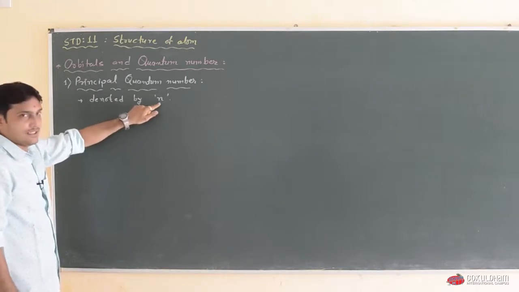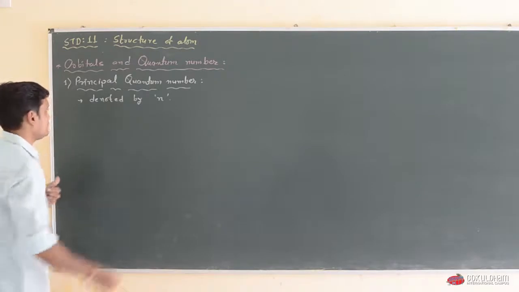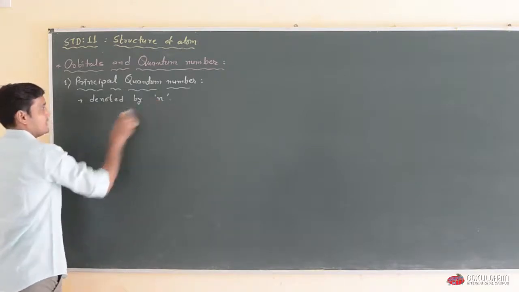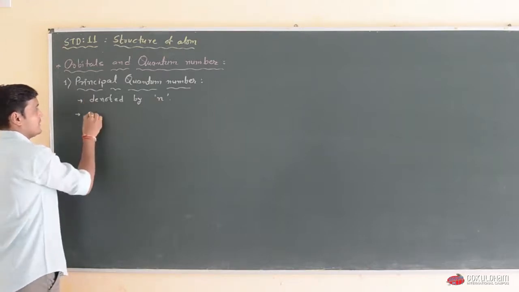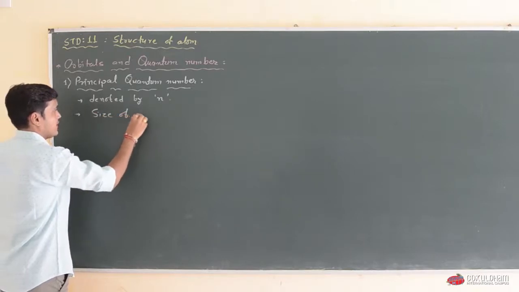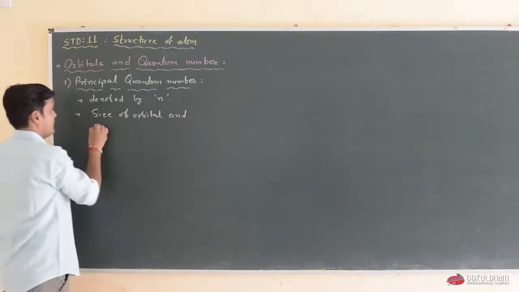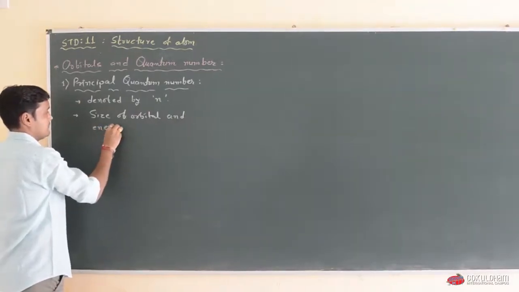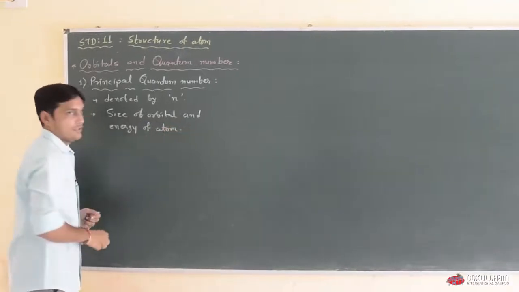This small n we can also use in the mole section. What is the role of this principal quantum number? It gives the value of the size of the orbital and the energy of the atom or orbital.